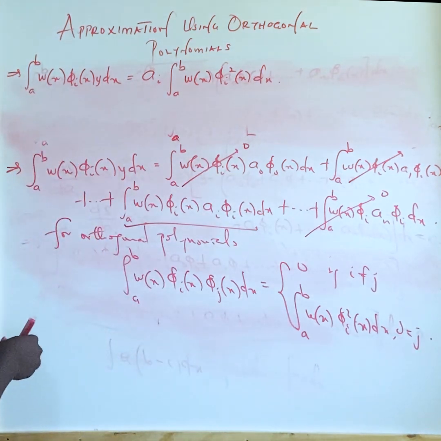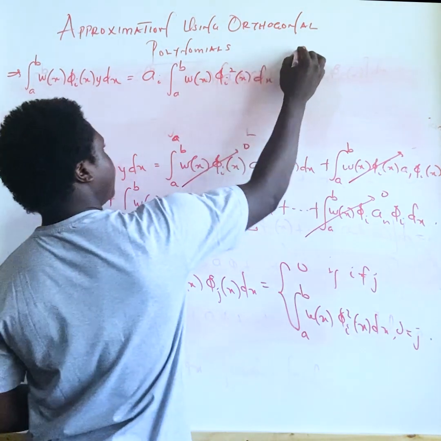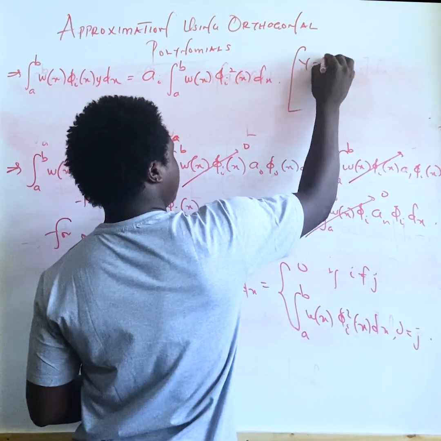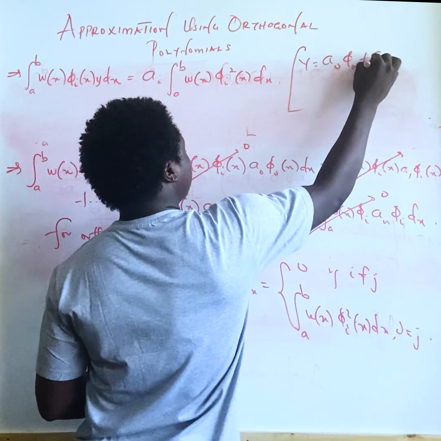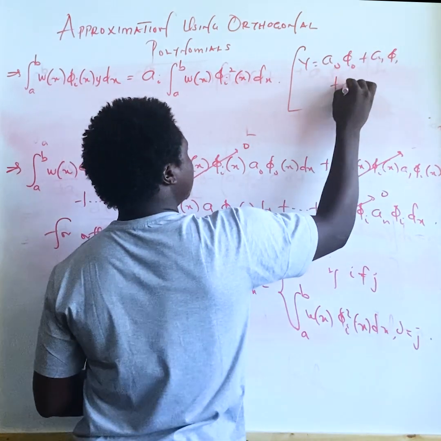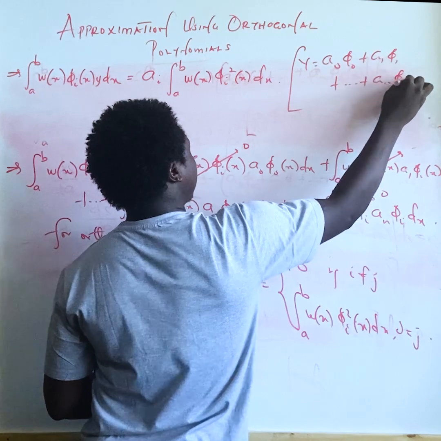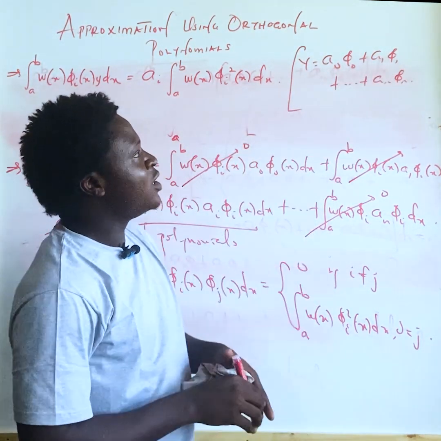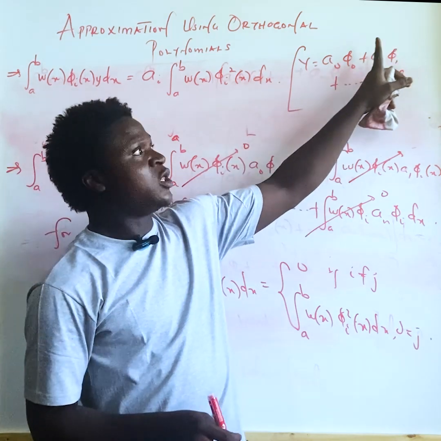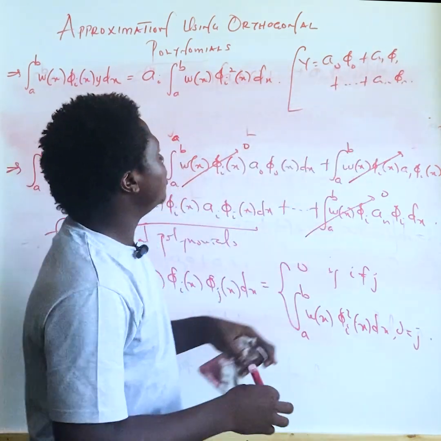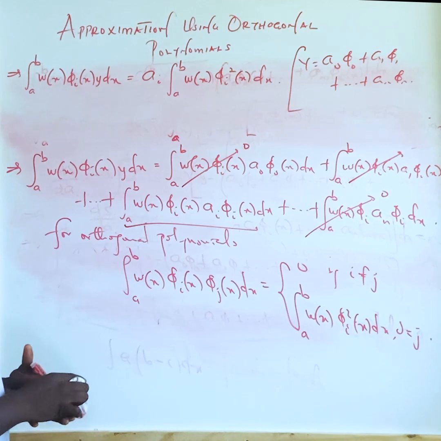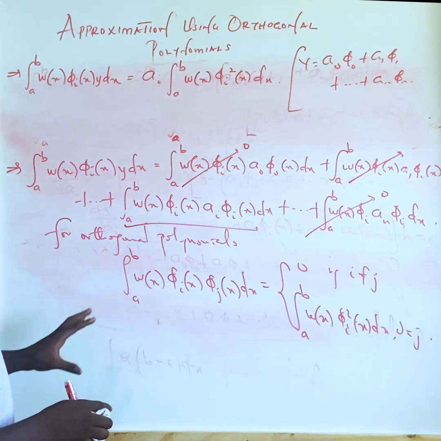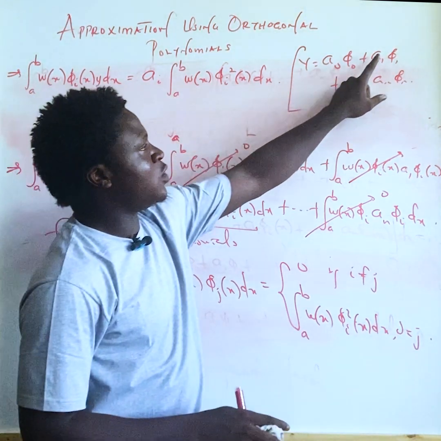Now, what is the goal of everything we've been doing so far? Remember, we said our y should be of the form a_0 phi_0 plus a_1 phi_1 up to a_n phi_n, where all these phi are orthogonal polynomials. So basically, they are known polynomials. The only thing we don't know here are these a values. So the goal of this proof so far has been to get our a values, so get a_0, a_1, and so on.